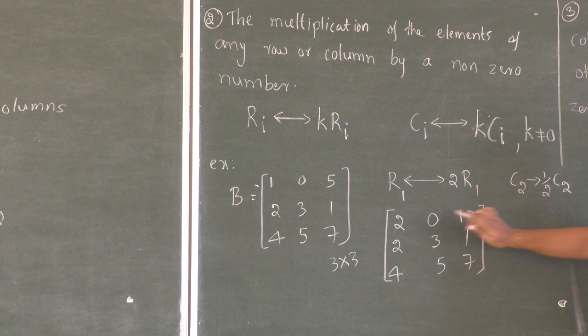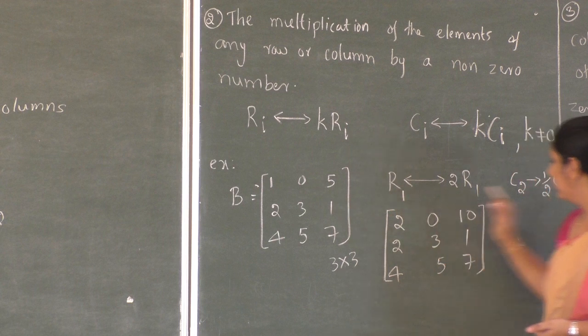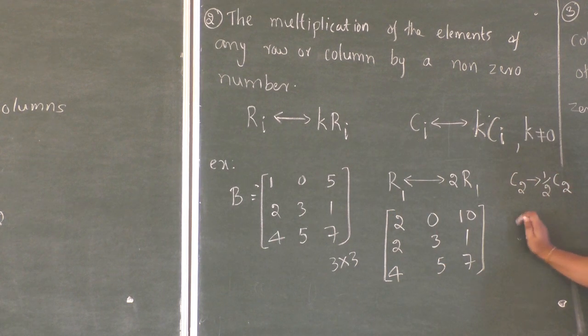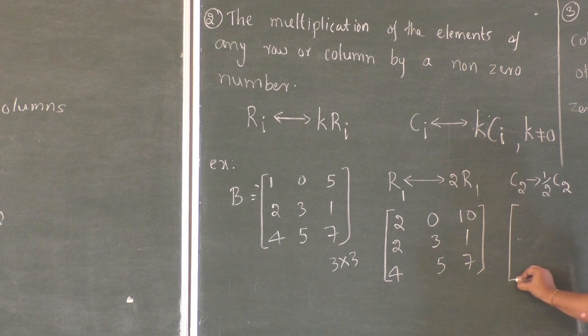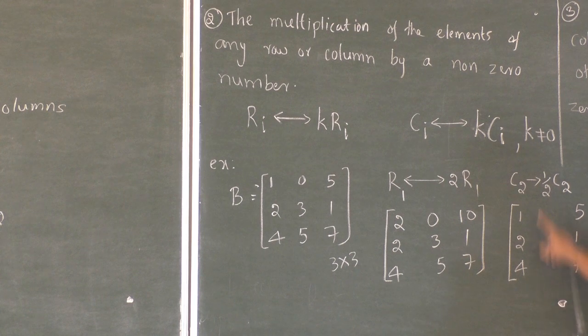Multiply the second column by the number 1 by 2. So the resultant matrix, first column and third column as it is. That is first column 1, 2, 4. Third column 5, 1, 7. Now the second column you have to multiply by half.